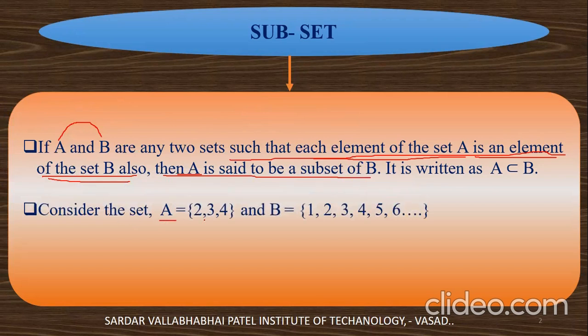suppose A is {2, 3, 4} and B is {1, 2, 3, 4, 5, 6}.